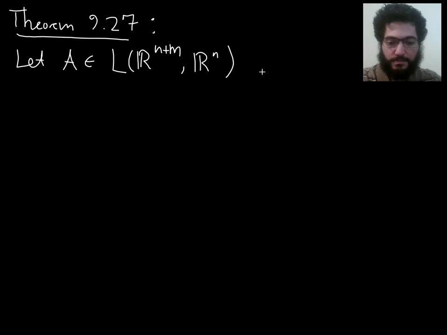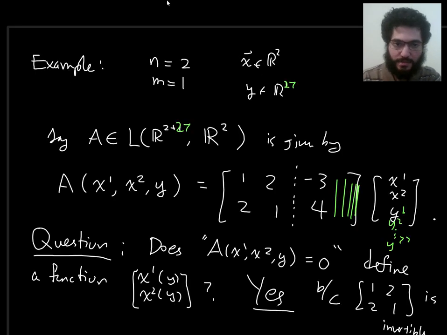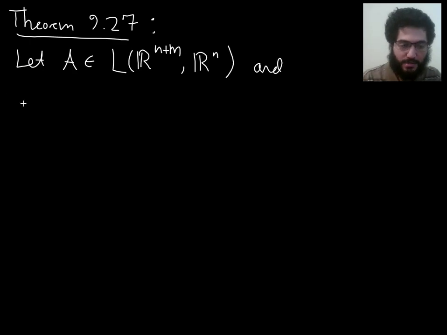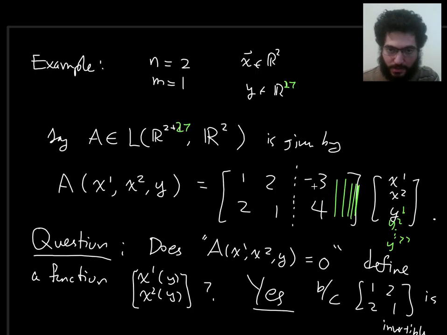Okay, so let's assume that A is a linear map from R^(n+m) to R^n, and we saw in our example that what we needed was to have this portion be invertible, right? So, A sub x, which, I'm writing down a lot of matrices, but notice I'm never saying that A is a matrix.